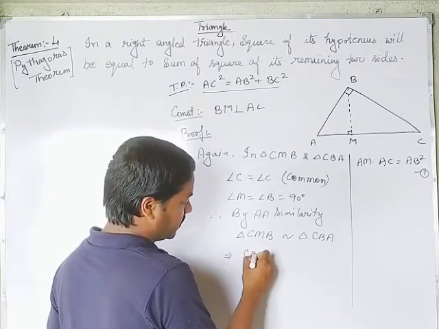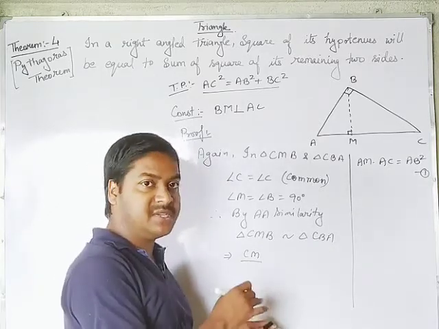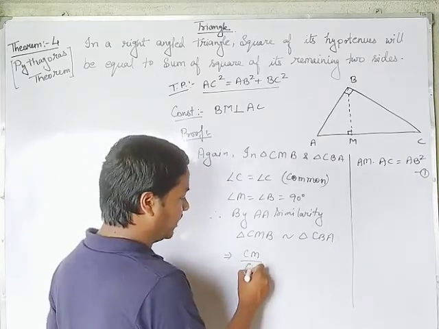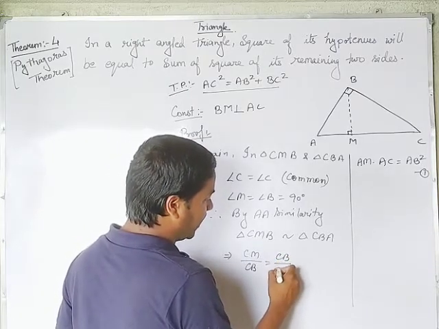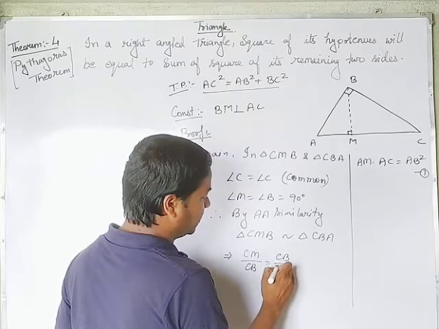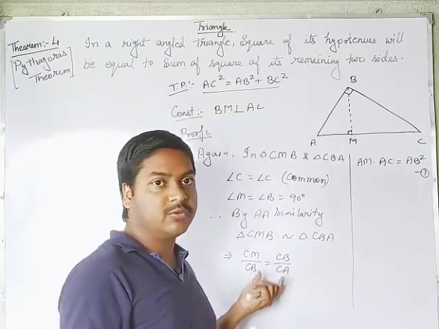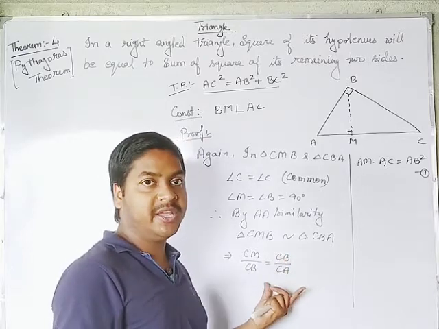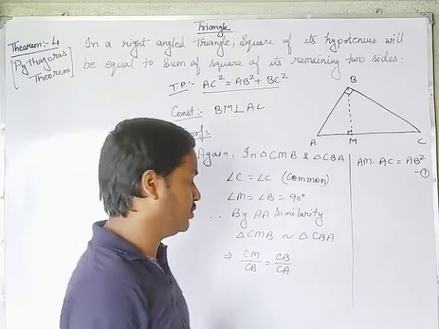CM by CB, or this can also be written as BC, CB and BC both having the same meaning, is equal to CB by CA. Always if you write the names in such a way, then you are able to take first two and first last. Then it will be quite good to understand and solve. You will never be confused.